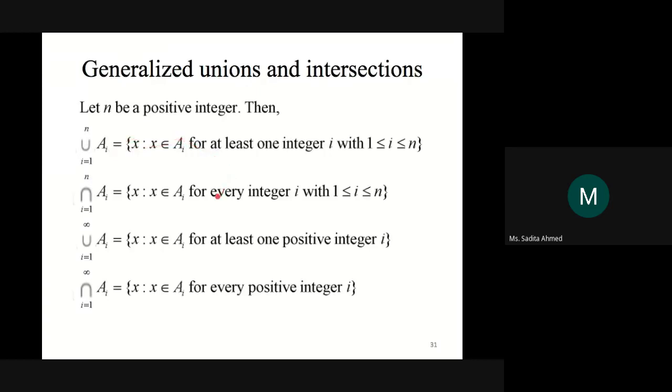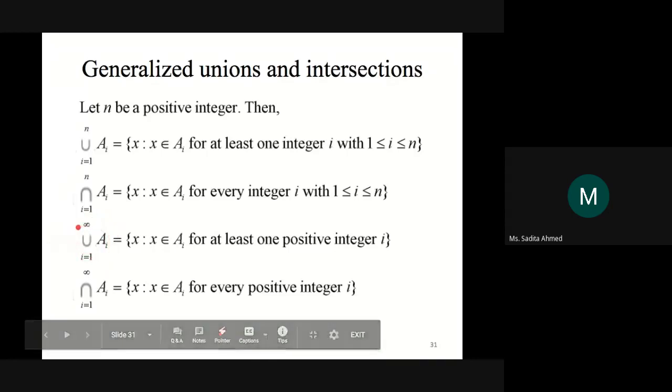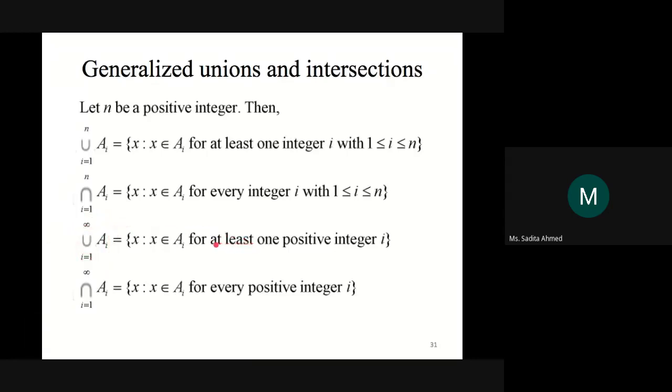But in case of the intersection, we have to use the term for every integer I within the same range. In case of 1 to infinity, you can simply say for at least one positive integer I. We don't have to define the range in this format, right? Because here you have to define the range, since 1 until a finite positive integer is an arbitrary value, but the moment you specify the value of n, it's a finite range.